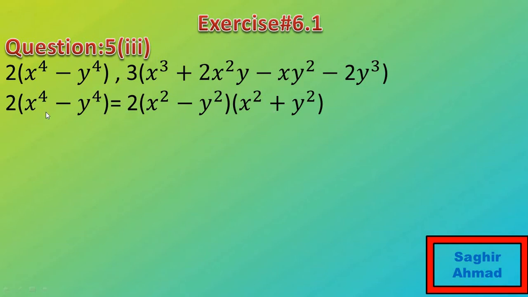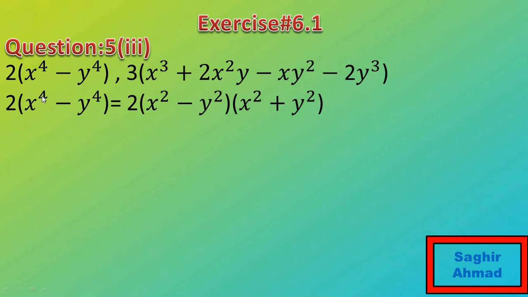Here we use the formula a^2 − b^2 = (a + b)(a − b). Here a is (x^2) whole squared and b is (y^2) whole squared, and as a is x^2, we write it one time, and b is minus y^2, so we write b one time negative and one time positive.